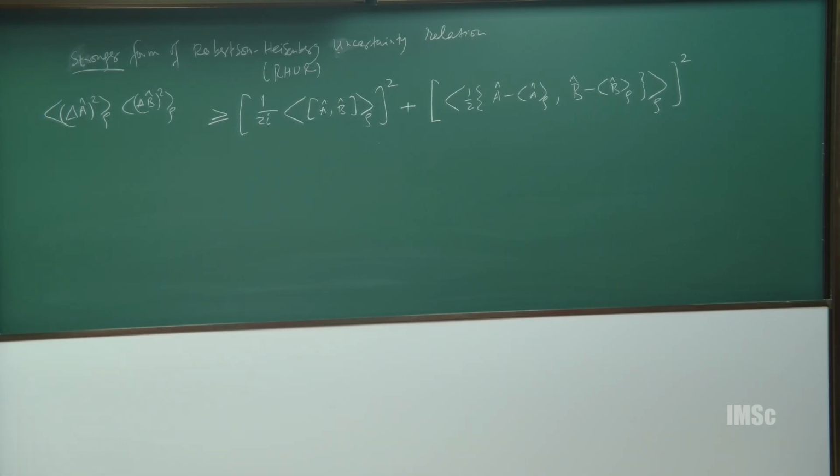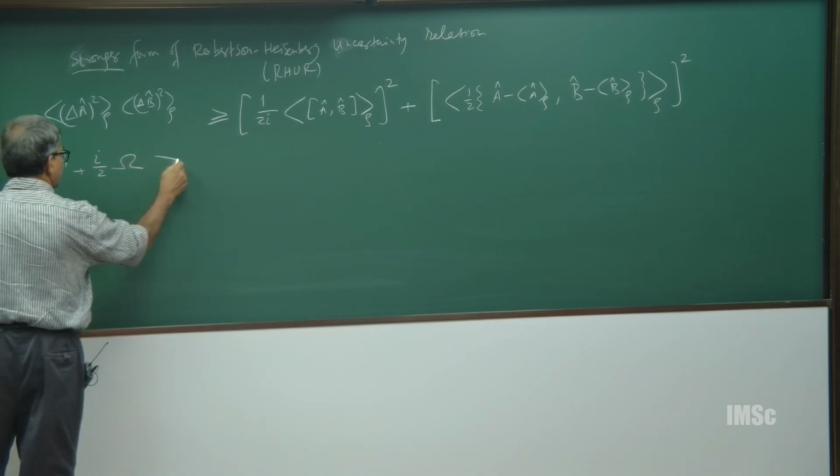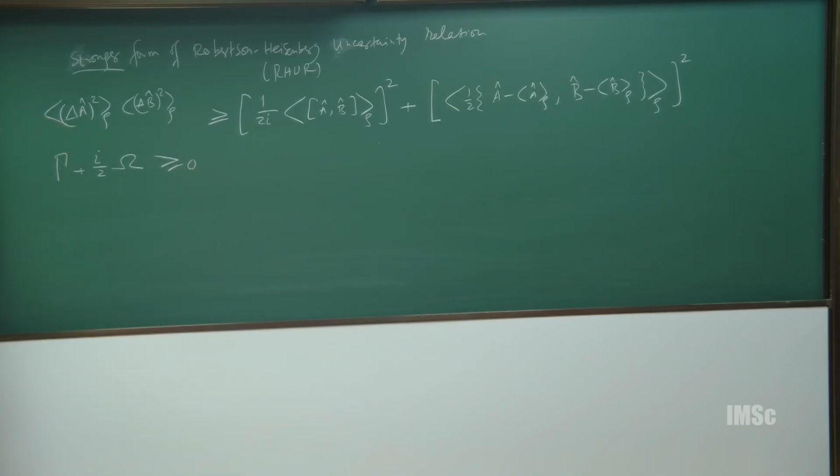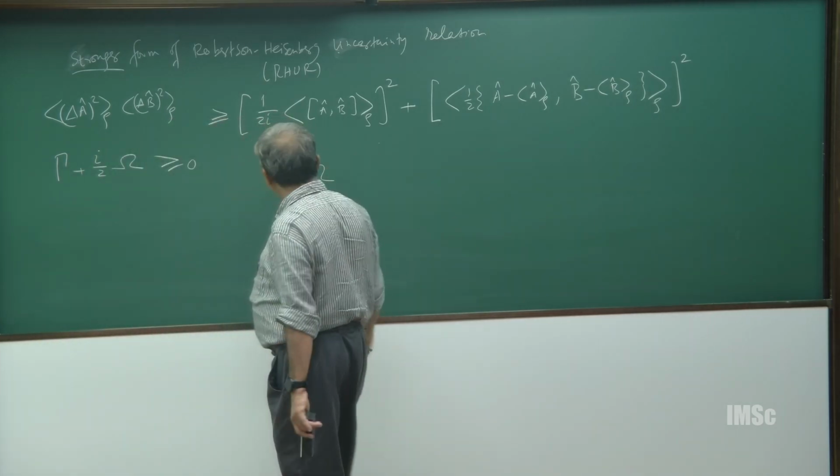So, what follows is that this covariance matrix, and this is of course true for any covariance matrix, satisfies this one: gamma plus iota by 2 omega is greater than or equal to 0. And what is this omega? Omega comes from the canonical commutation relation.